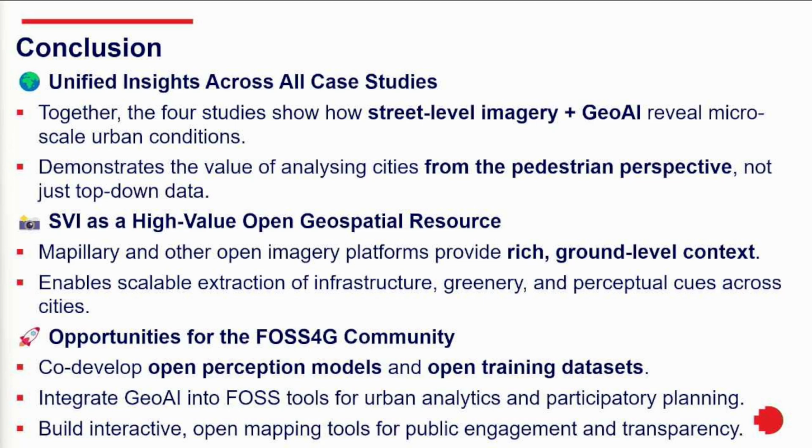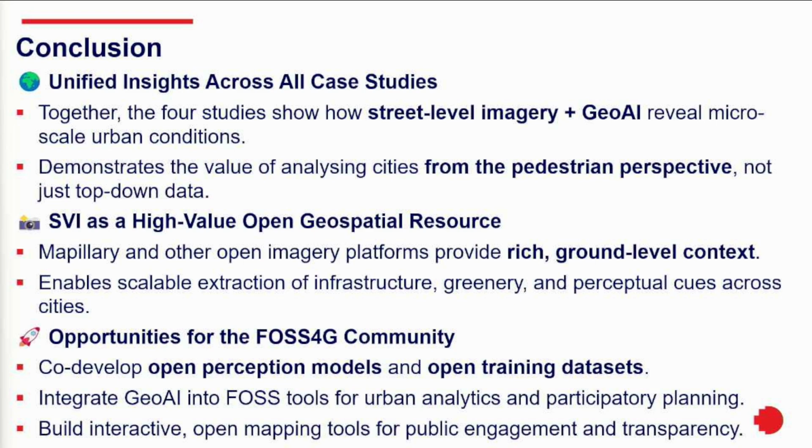Right. So I will just go to the conclusion. What we learned from all the studies: this kind of street view imagery highlights how humans feel, the pedestrian perspective on the city's livability.